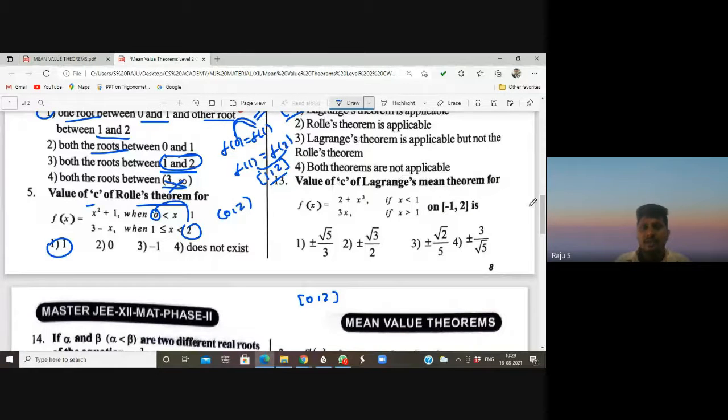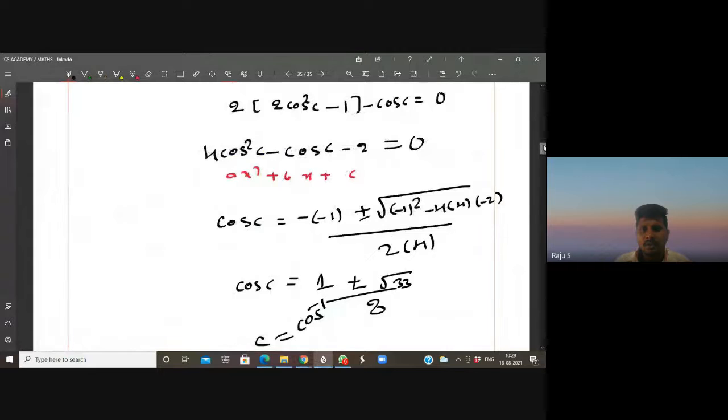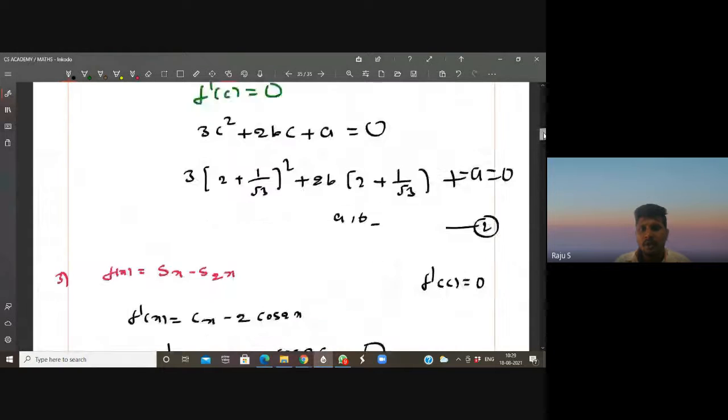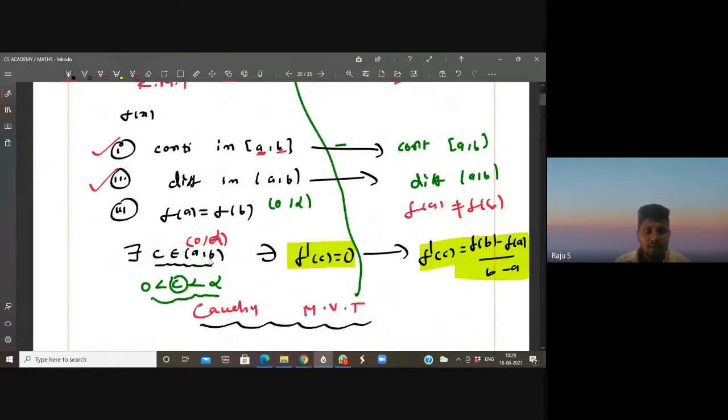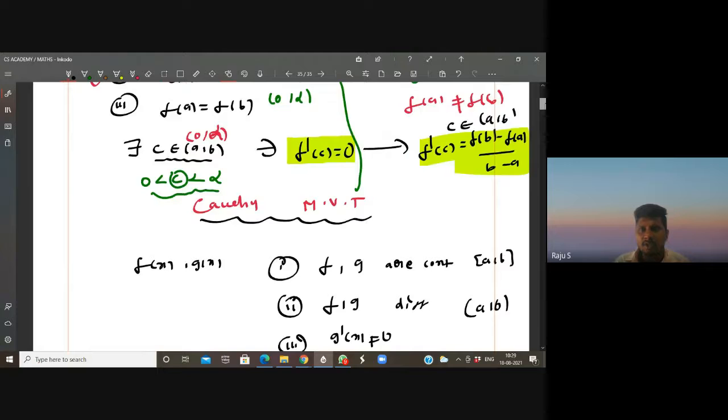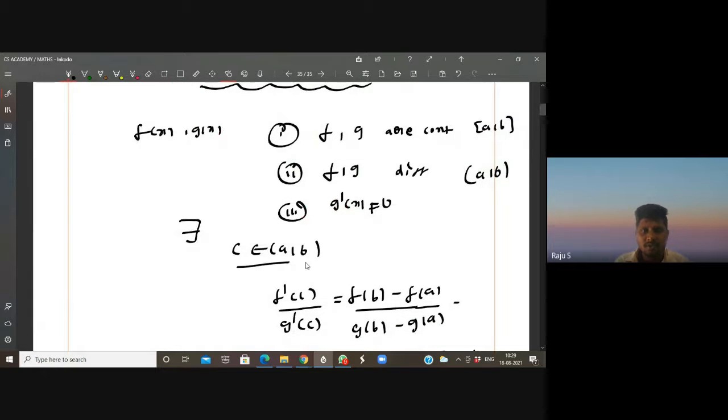See students, in Rolle's theorem or in Lagrange's theorem, I told you very clearly there exists a point C, and in which interval, open or closed, that is important. C belongs to the open interval a comma b. Even in Cauchy's mean value theorem also there exists C belonging to the open interval.